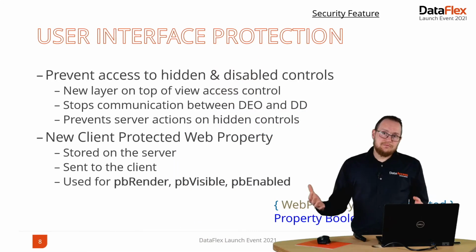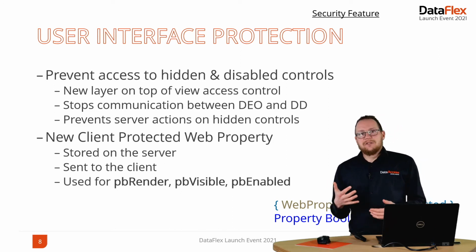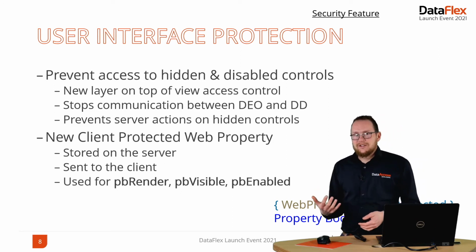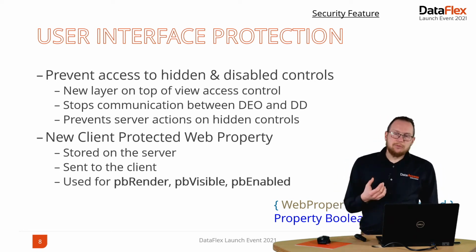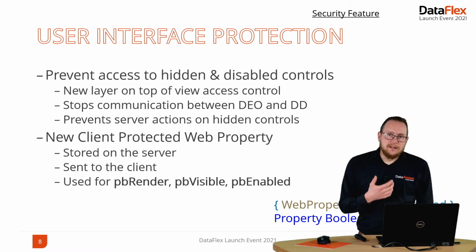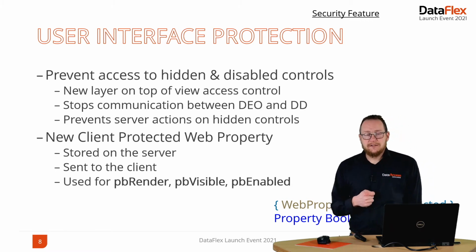So we added this new layer that basically, by looking at the PB_render, PB_visible, and PB_enable properties, just checks if the user is allowed to perform the operation that is about to be performed. It also stops communication between the data entry object and the data dictionary when a data entry object is hidden.